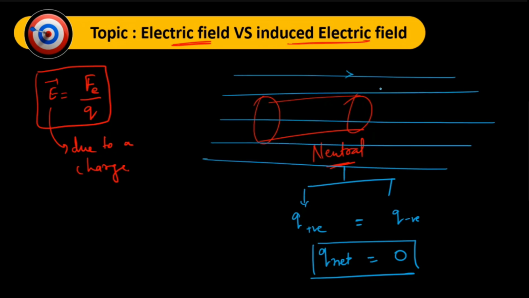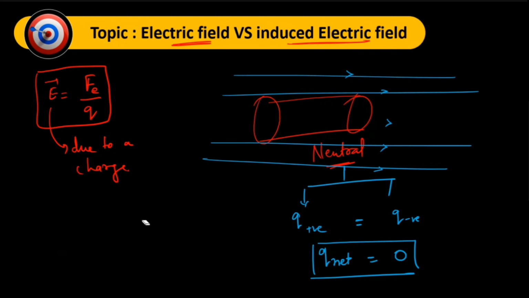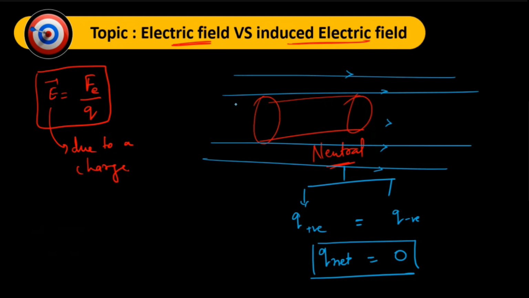If we put it in a uniform electric field, as it is a conductor, it won't allow the field line to pass through it. So this is something which is not possible. What would happen here is that automatically on this side there must be some positive charge, and from this side there must be some negative charge.